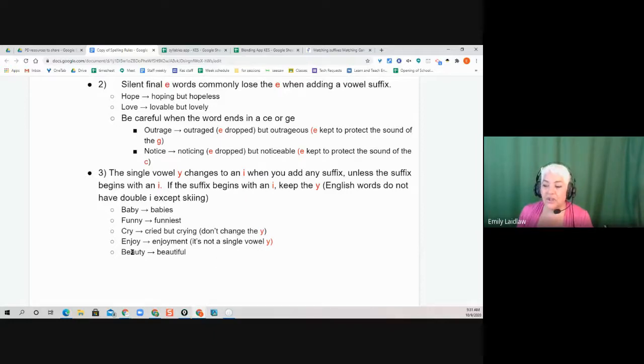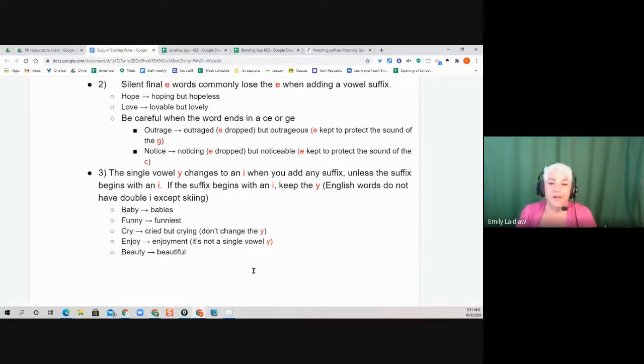Now here, enjoy, it looks like it ends with a Y, right? The Y doesn't change because it's not a Y all by itself. It's part of the digraph OY, saying oi. So I don't change that, right? But even in beauty, the Y becomes an I when we go to beautiful.